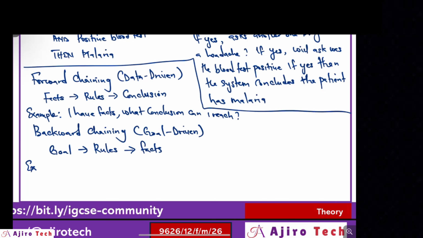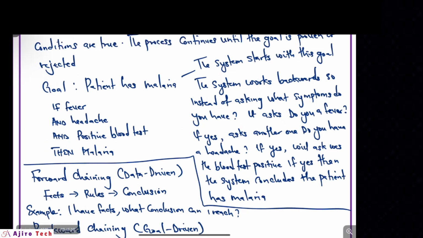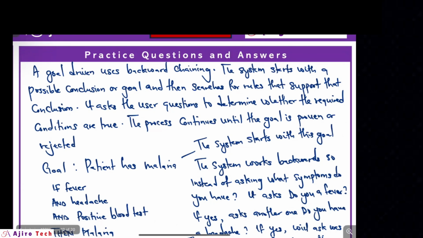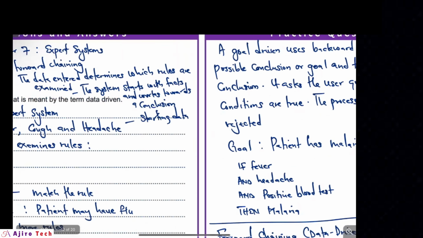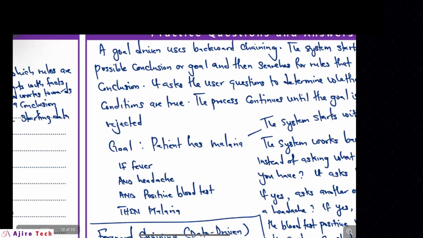So, for example: I have a conclusion. Can I prove it? So I think I've been able to explain what goal driven and data driven is so you can understand that.